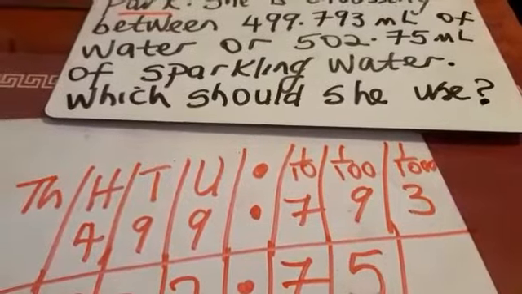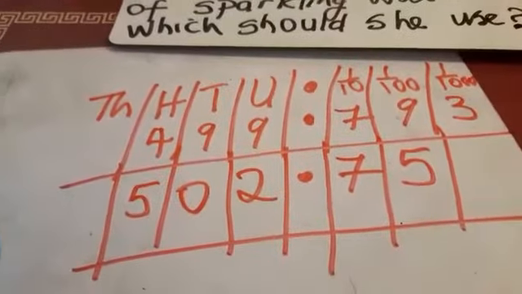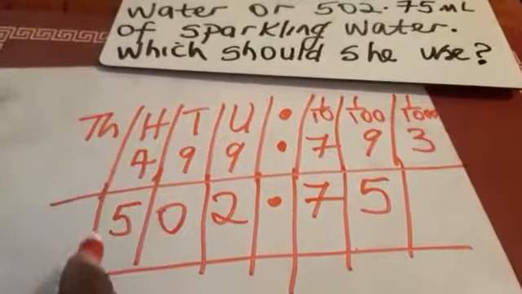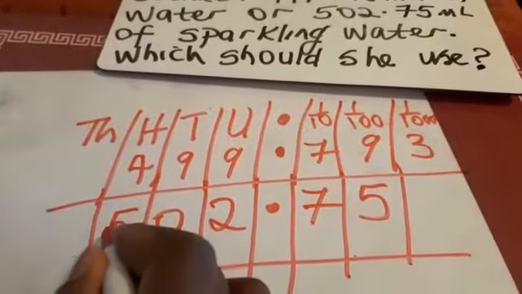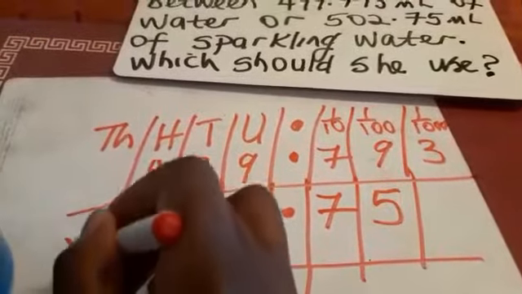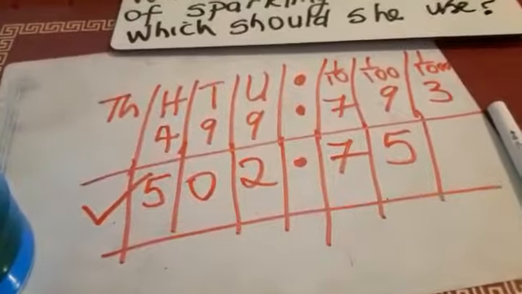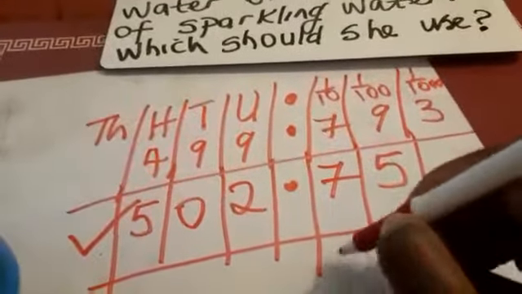Now, straight away, remember, we always start ordering our decimals with the numbers from the left. And we can clearly see in the hundreds column that 5 is the biggest number. So this will be the sparkling water that Abby takes to the park. There you go. Well done, team.